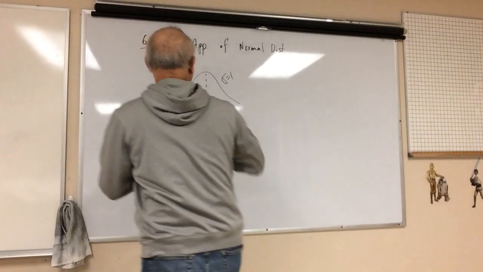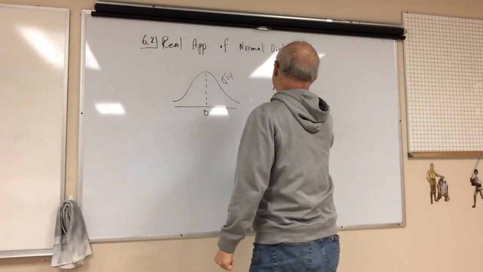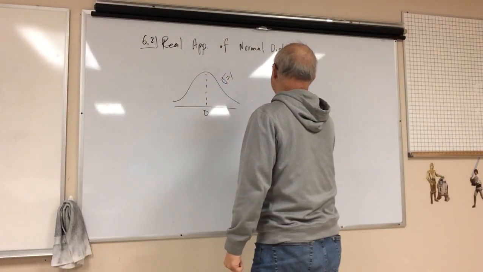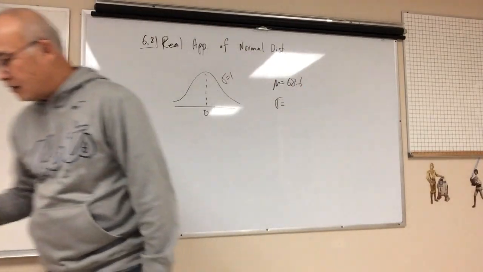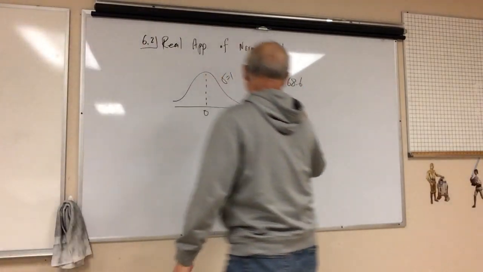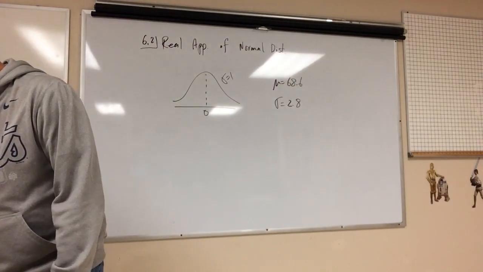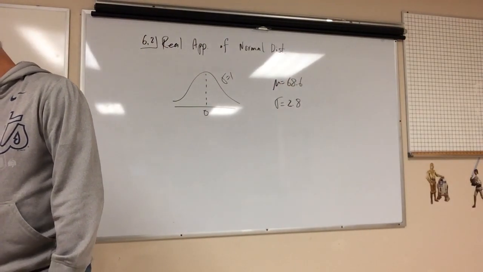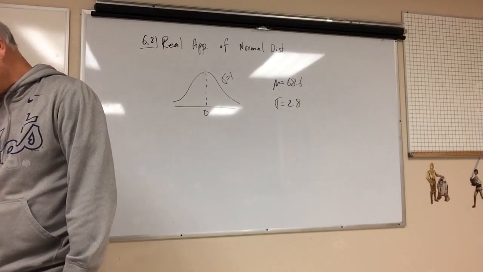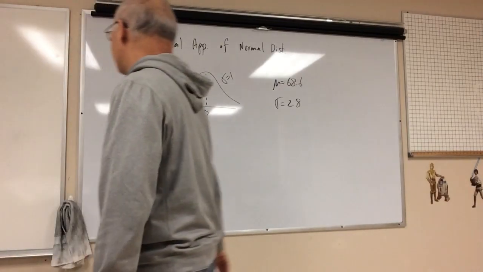So we have a mu of 68.6 and a standard deviation of 2.8, and we want to know the percentage of men who are taller than 72 inches.